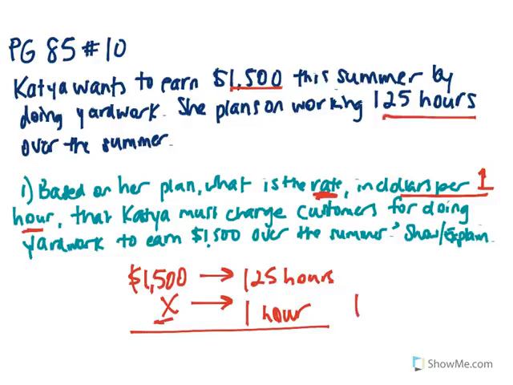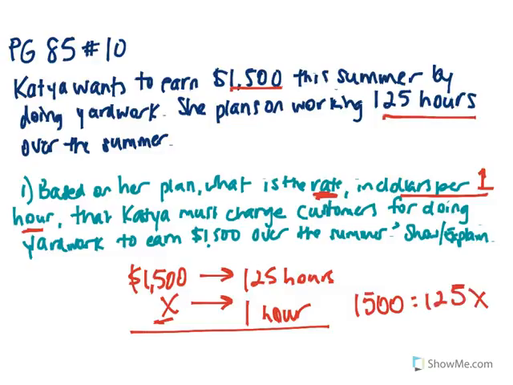We have $1,500 needs to be the total amount of money she makes this summer. She can work for 125 hours. And X is the rate per hour at which she gets paid. So we're trying to find the rate at which she needs to get paid in order to make $1,500 in 125 hours.